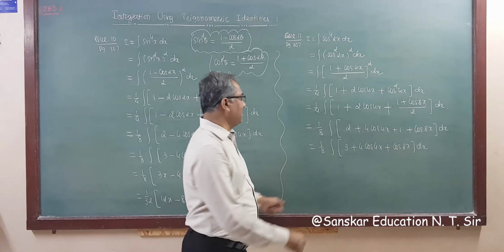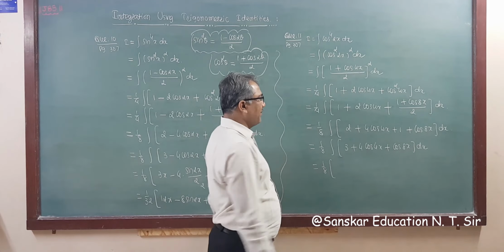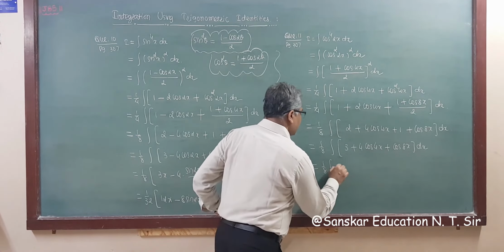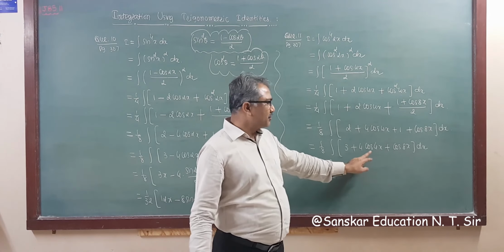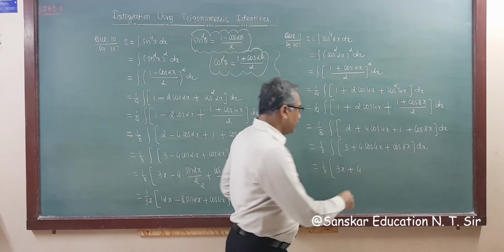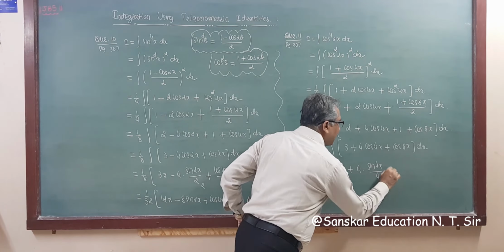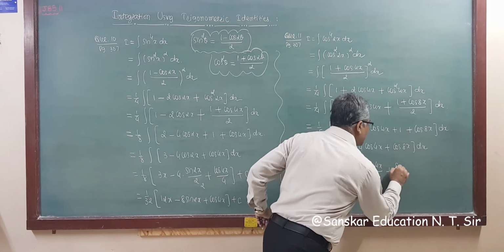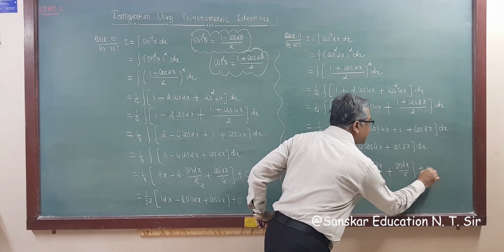Now integrating this, what do we get? 1 upon 8, 3x plus 4 constant. Integration of this is sin 4x upon 4, plus cos 8x means sin 8x upon 8, and plus c.